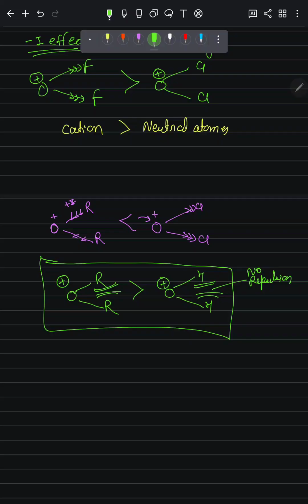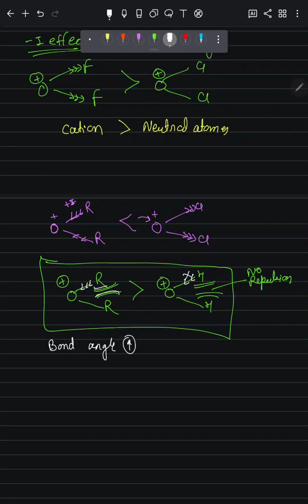The possibility of minus I effect is in the R group more, and this is due to the reason of bond angle. As the bond angle increases to minimize the repulsion between these R groups. As we know, hydrogen is not donating anything here, but the R group is donating.